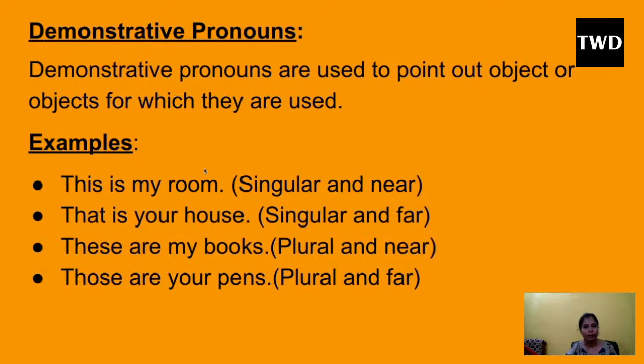Whenever you are talking about something near to you, and it is more than one, you are going to use these are my books. Those are your pens. The moment I say those, I'm pointing out something away from me, and I am talking about more than one thing. Those are the curtains. Those are your colors. All these things are away from me. So here, this, that, these, those, all these are demonstrative pronouns.